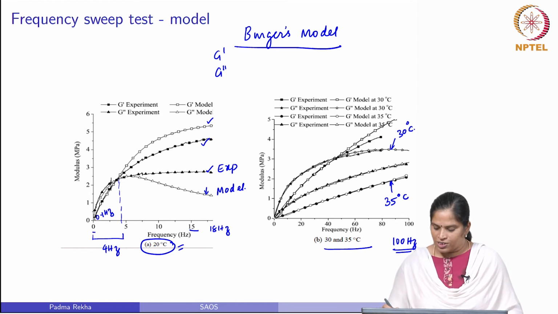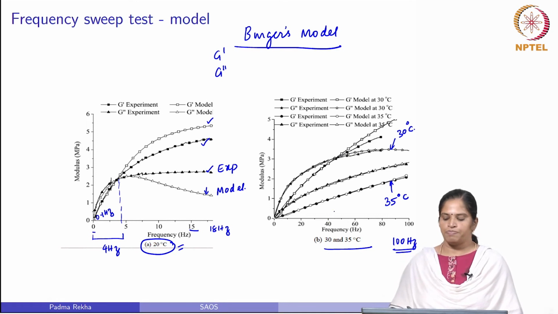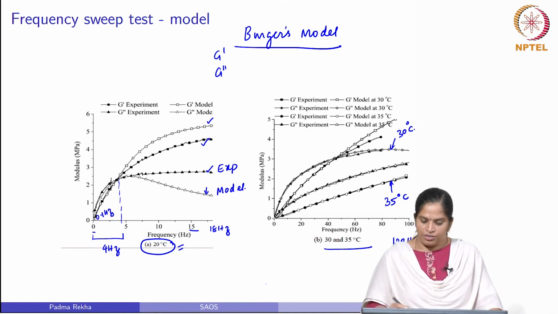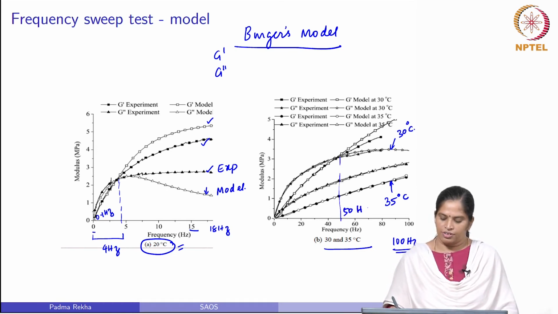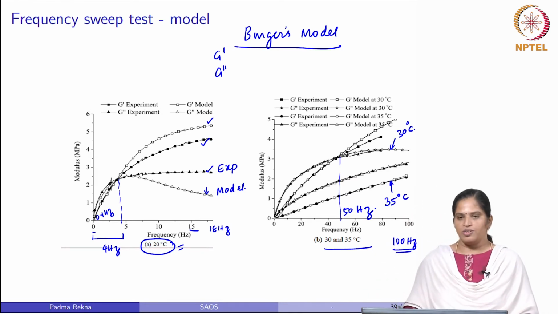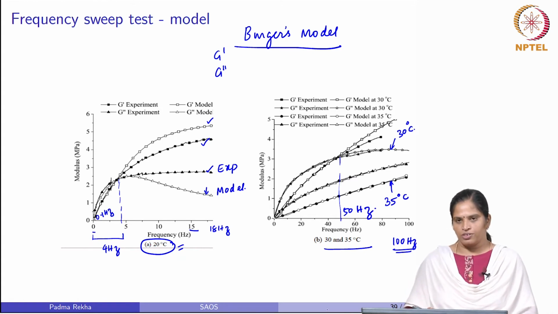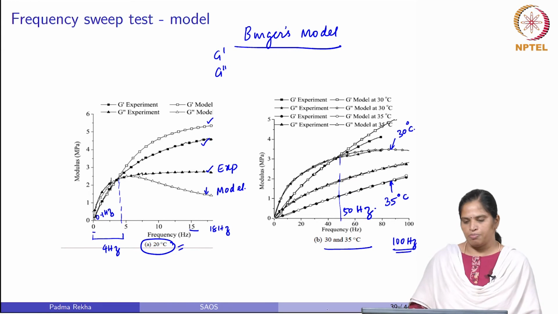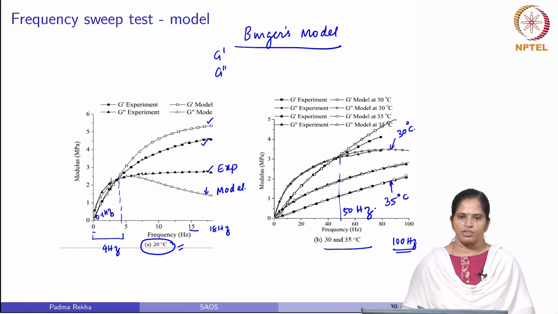At 30 degrees Celsius, the experimental data and model data matched nearing 40 to 50 hertz. So, we can see that the Burgers model could predict the response of a bitumen within a stipulated frequency range. That range also depends on the temperature.